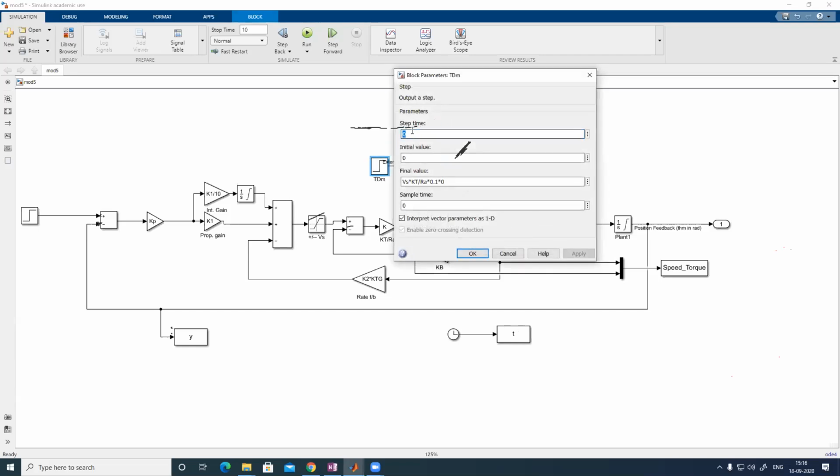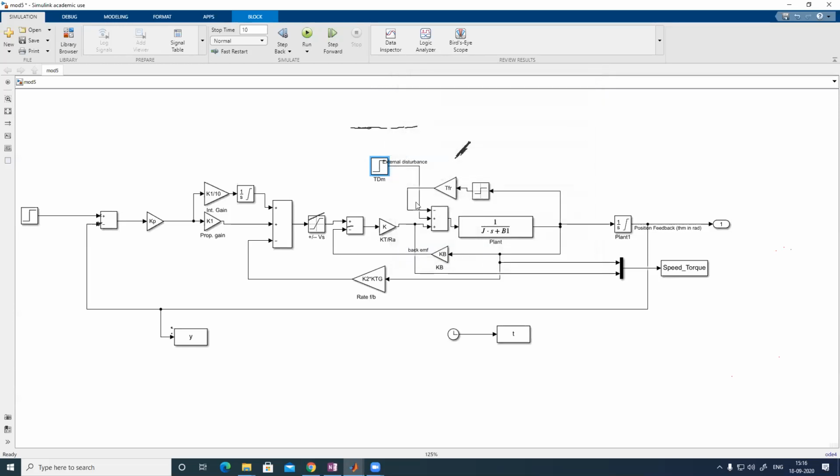First time, the step time is 0, initial value 0, and final value also 0. First time we are not taking any disturbance response; the disturbance input is 0. Everything is 0. The crucial part is how the control system behaves when the disturbance comes.